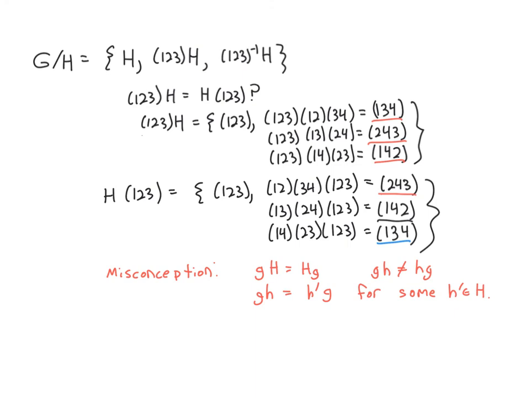And the best example you see is right here. We see right off the bat that (1 2 3) times (1 2 3 4) is definitely not equal to (1 2 3 4) times (1 2 3). Those are different permutations. What is true is that (1 2 3 4) times (1 2 3) is equal to, if I move the (1 2 3) to the other side, I'm going to get (1 4 2 3).